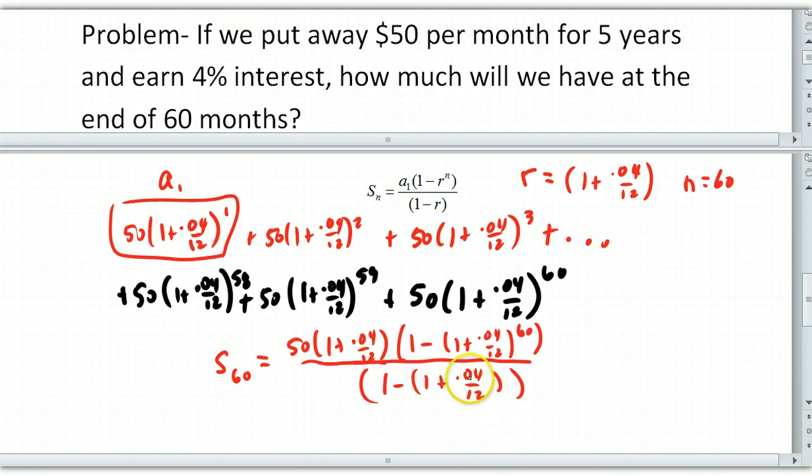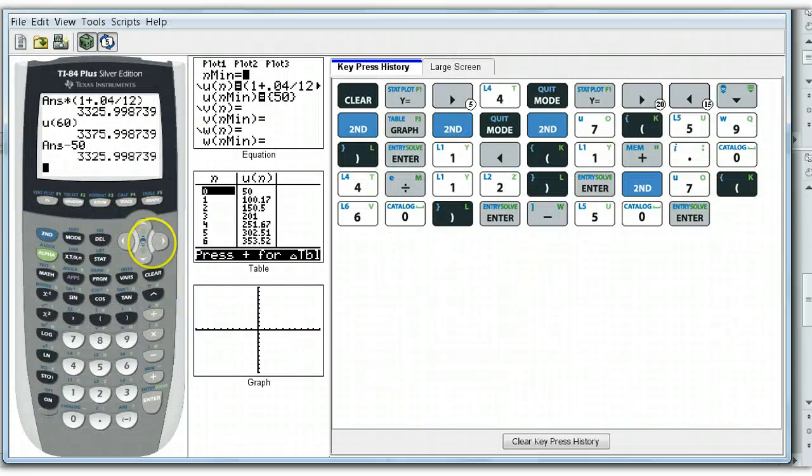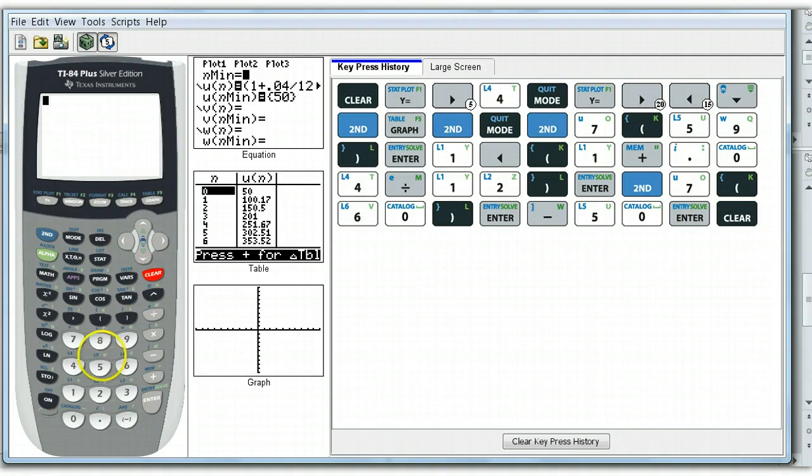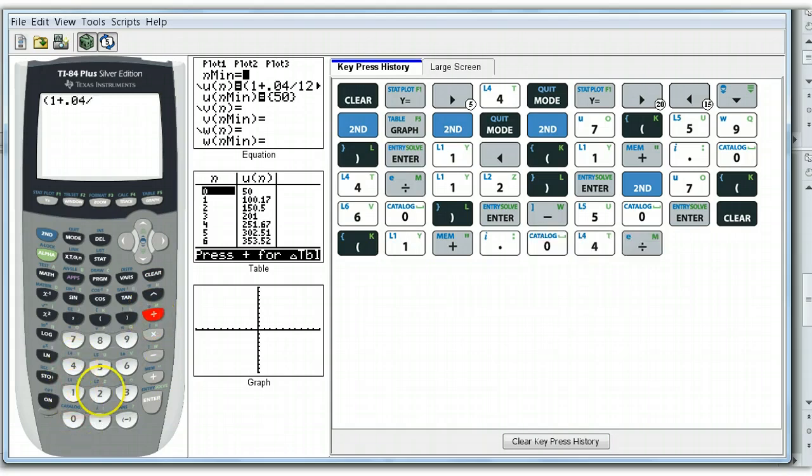See if you can try putting that into your calculator. Well, maybe I should just show you a shortcut to doing this. And remember, our goal is 3325 or 3326 if we're around it. What happens with our calculator is that it's a lot easier if I take this growth factor and I store it. So I'm going to go 0.04 divided by 12.